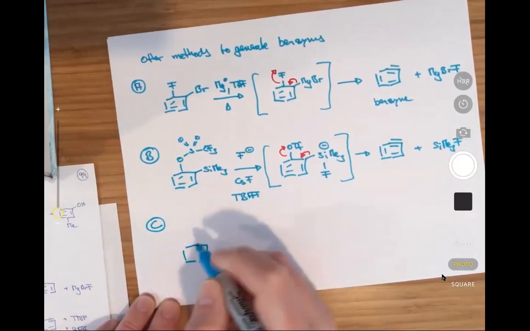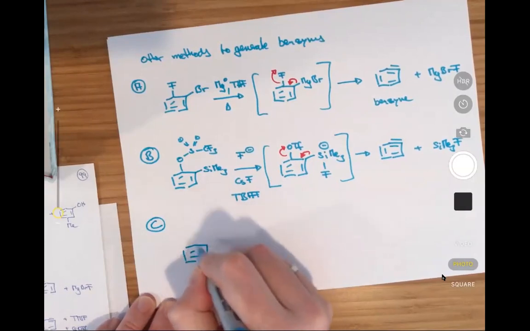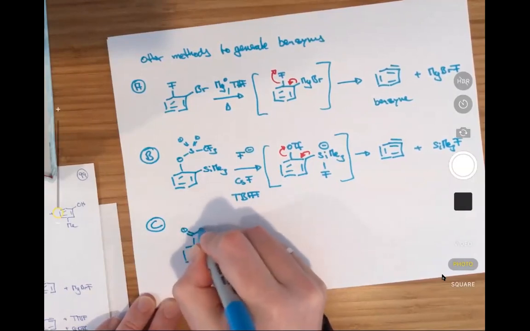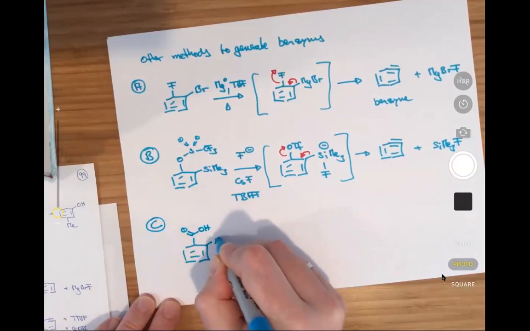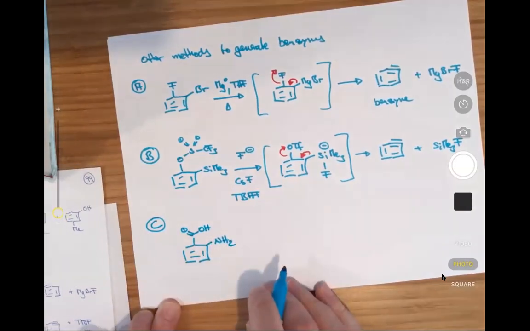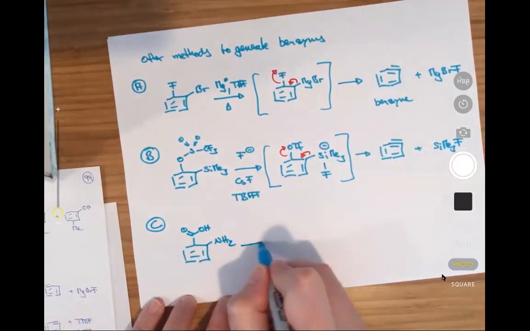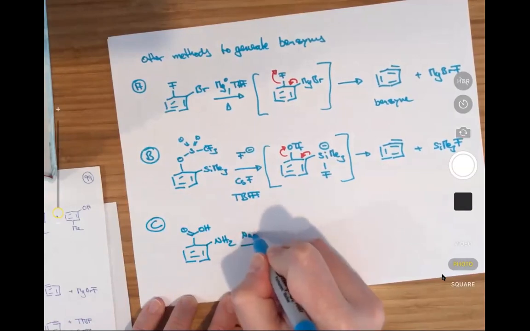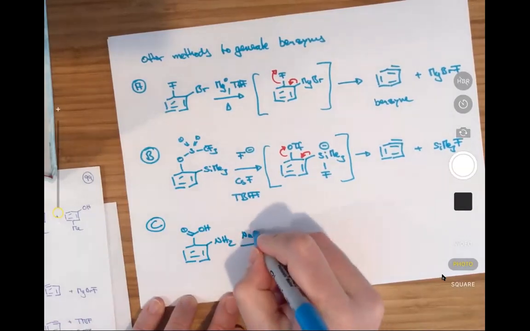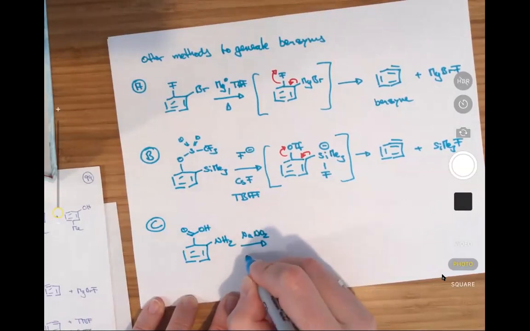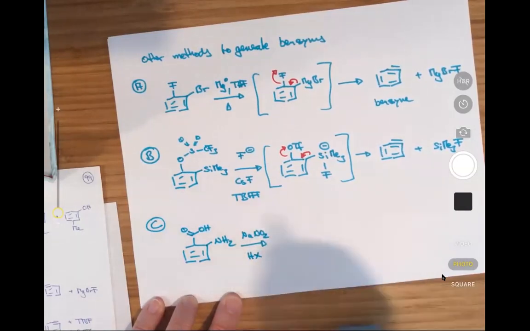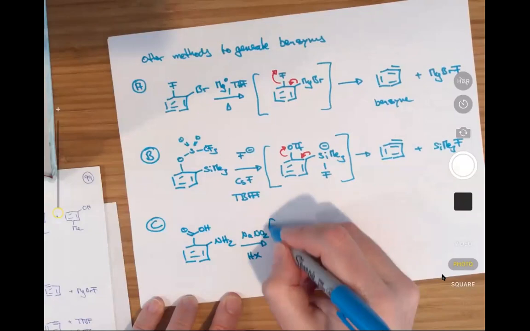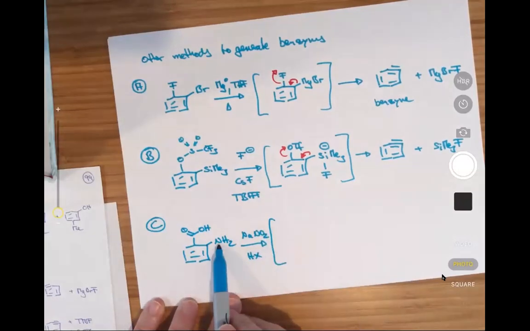So if you have something like this, anthranilic acid, and you have an amine here, you can treat this with sodium nitrite. And you need an acid like HX, for example, in here. And what this is going to generate is the diazonium salt of this.